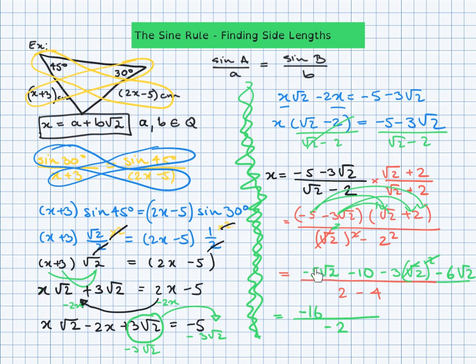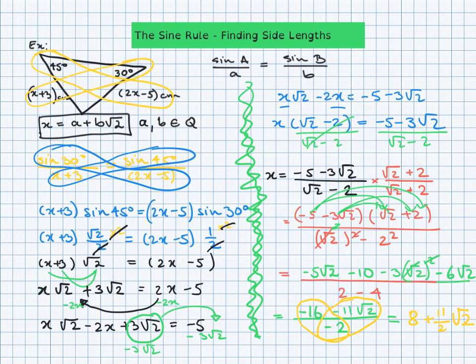And then -5√2 take away 6√2 is equal to -11√2. Now -2 is common for both terms, so I can divide -16 by -2, which gives me 8, and I can divide -11√2 by -2, which gives me plus 11/2 √2.